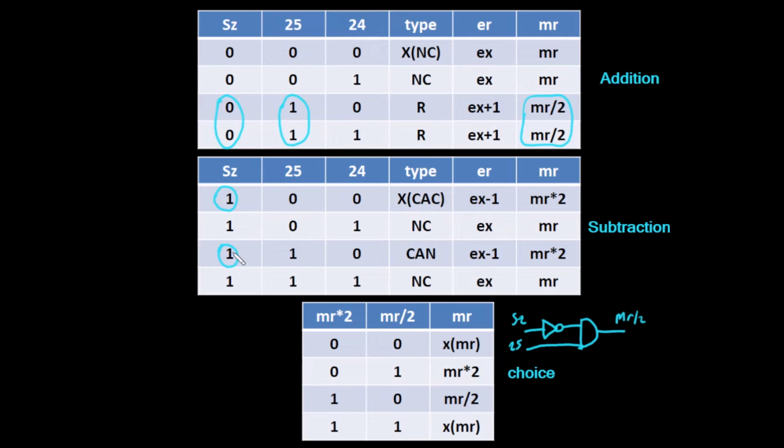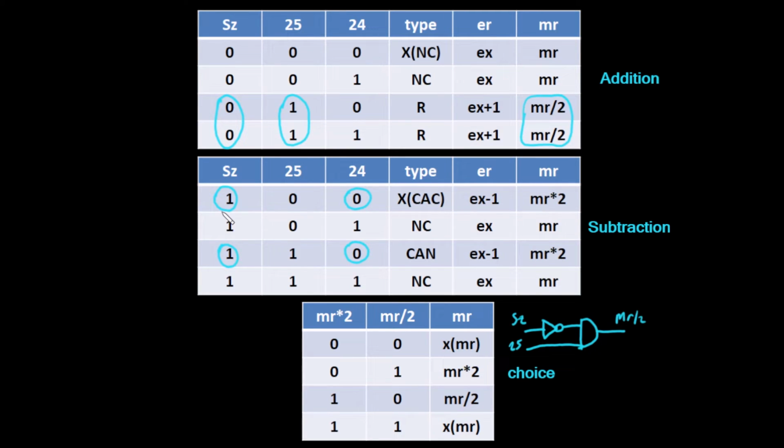And you can see in this instance that we choose bit 24. So you can see that if the sign of Z is 1 and bit 24 is a 0, then in these instances it would be a 0 for bit 25 and a 1 for bit 25. So we don't really care about bit 25, it just changes.